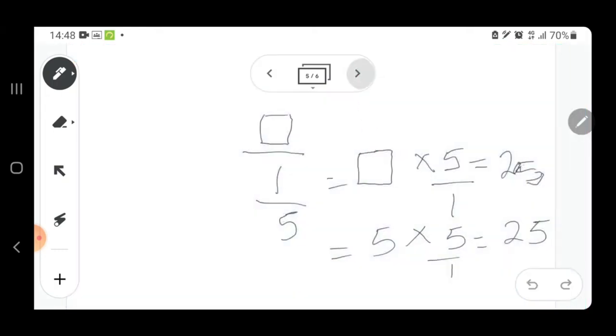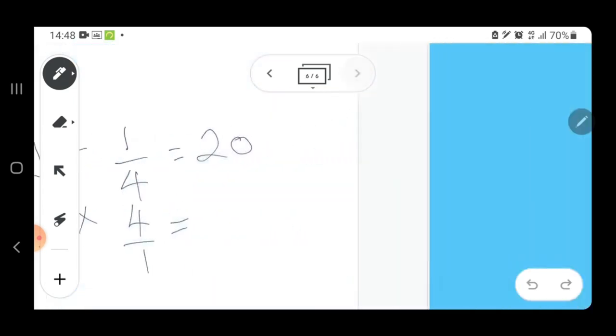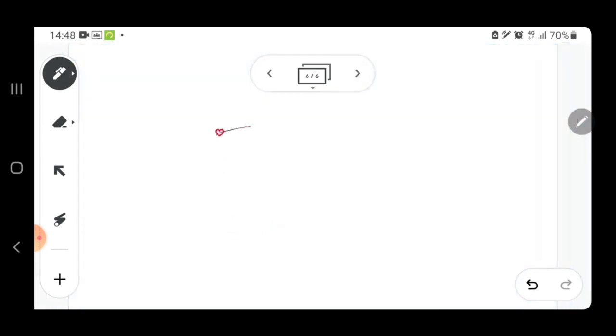So in any case, what you're looking for is this. If I'm given another one, divided by 1/6 equals, let's think of a number. Shall we do 36?